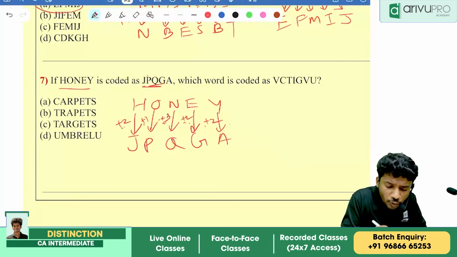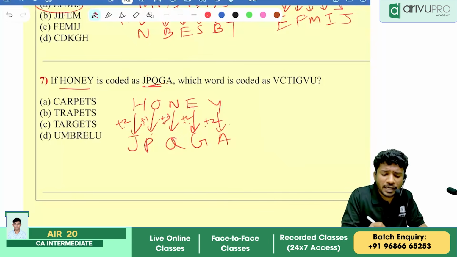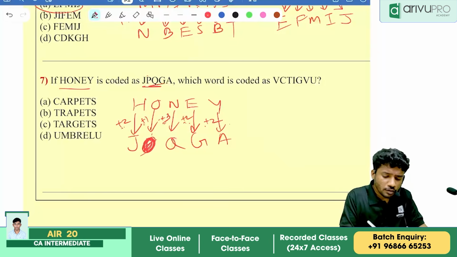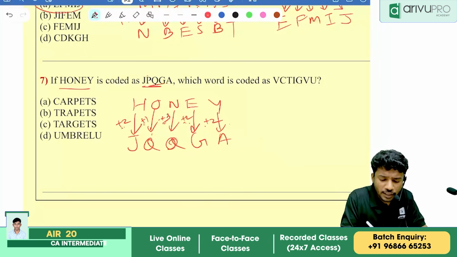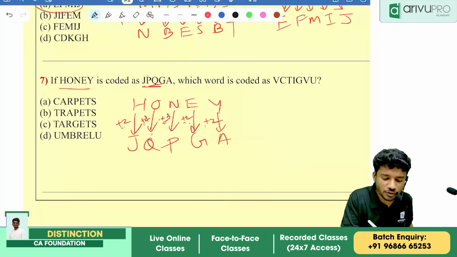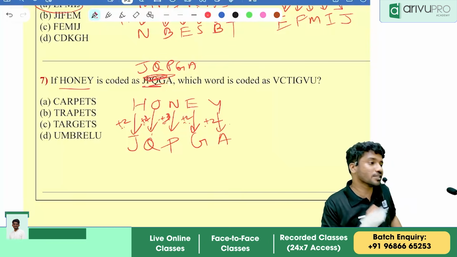So I think the question is wrong. If you check, O becomes P; instead of P it should have been Q. N becomes O, P. It should have been plus 2, plus 2. It should have been J, Q, P, G, A. That should have been the code. This is not the code.